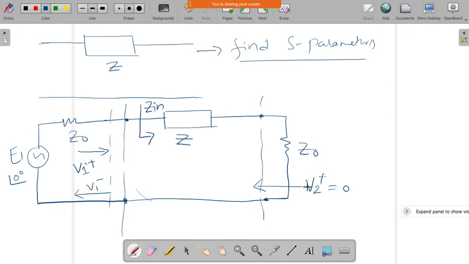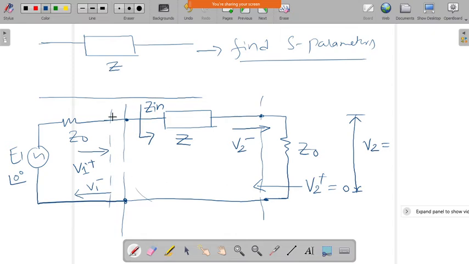Okay, so we have the incident voltage V2 plus from port 2, and similarly there is a reflection, that is V2 minus. Let us take the voltage along the load, V2.